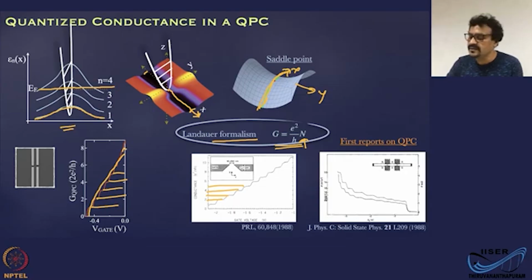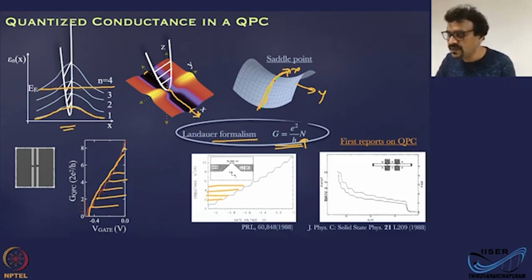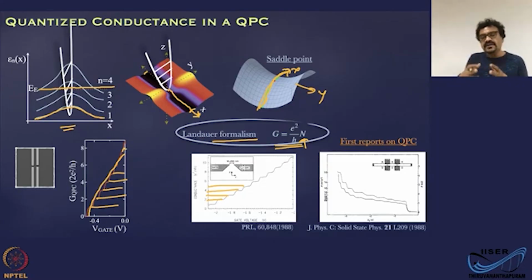Here, one thing which you need to be aware of is the conductance is varying not in e square by h, but 2e square by h. Okay, it is 1, 2, 3, 4, and so on. It's going to vary in 2e square by h conductance. But that again depends on whether you have spin degeneracy or not.